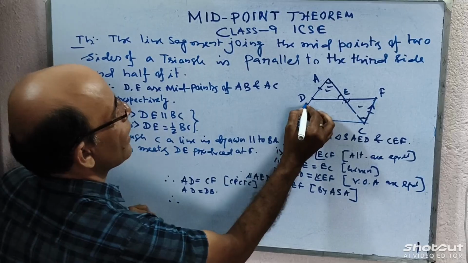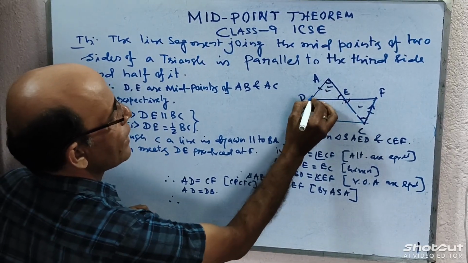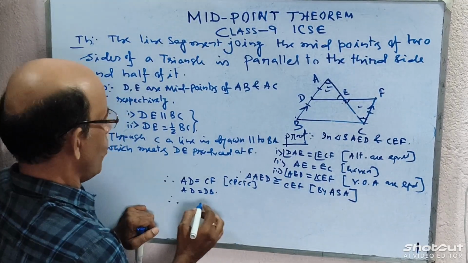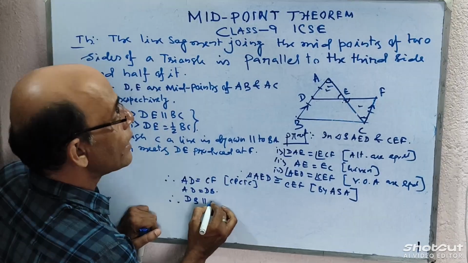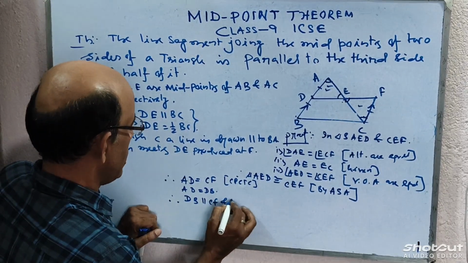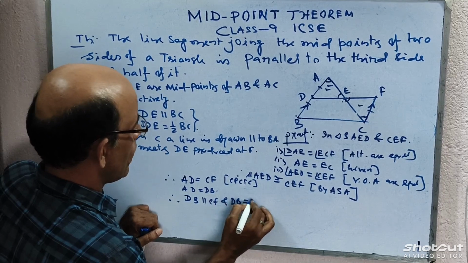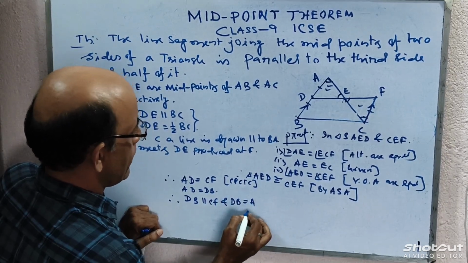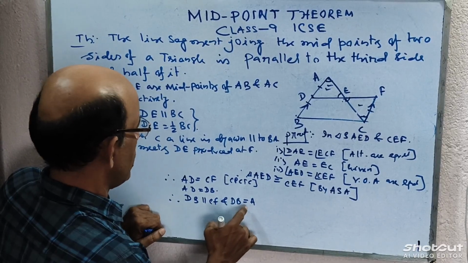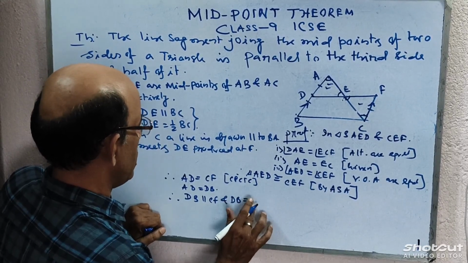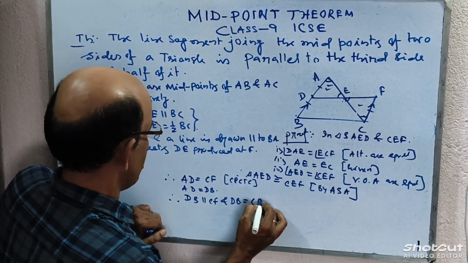Therefore, D is the midpoint, it is given, so AD equals DB. Now, DB is parallel to CF and DB equals CF.